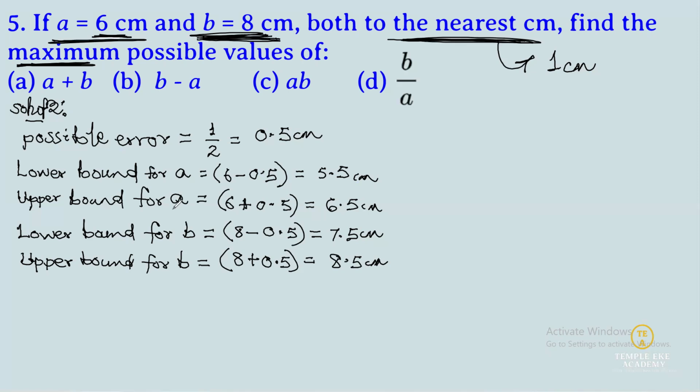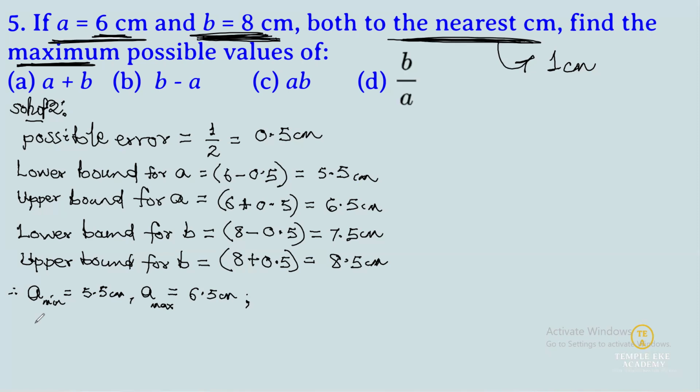So we have the lower bound for A, and we like to refer to that as A minimum. The minimum value A can have is 5.5 centimeters. A maximum, the highest value that A can take on, is 6.5.